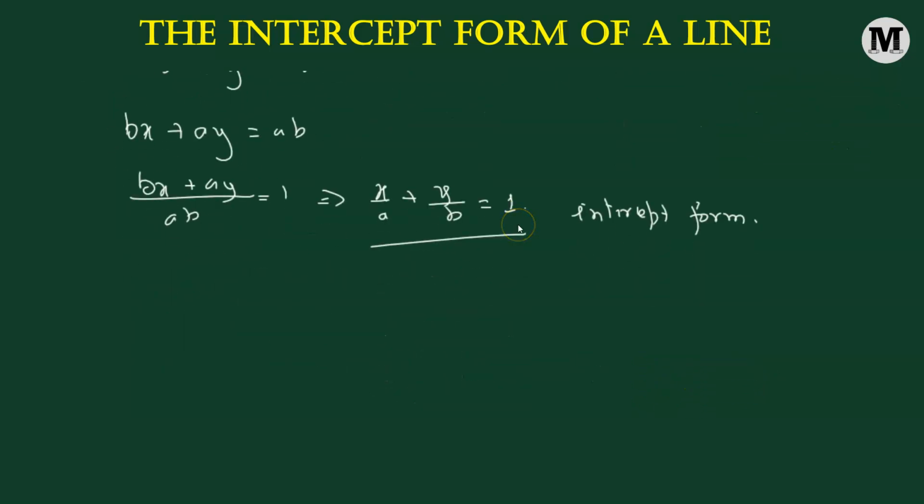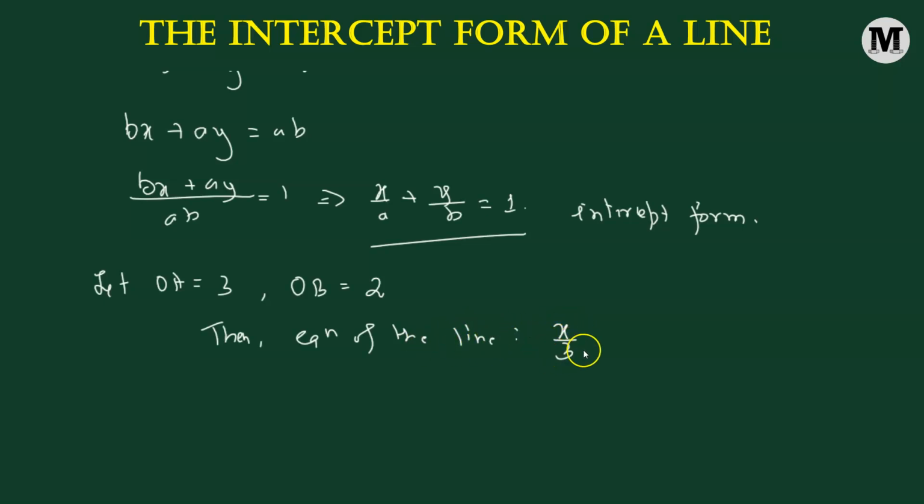For instance, let us suppose that the x-intercept OA is equal to 3 units and the y-intercept OB is 2 units. We can consider negative numbers as well. For simplicity, we're considering positive values here. Then the equation of the line will be given by x over 3, that's the x-intercept, added to y over the y-intercept 2.